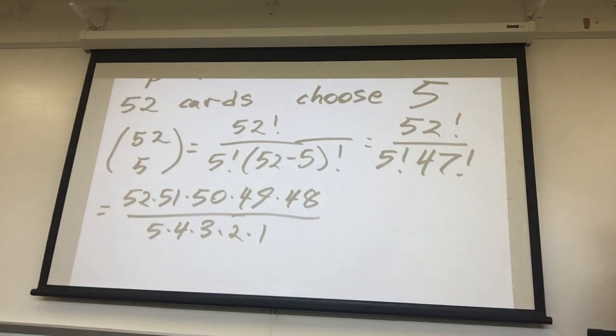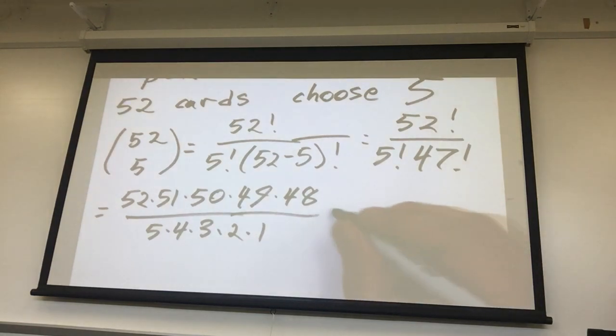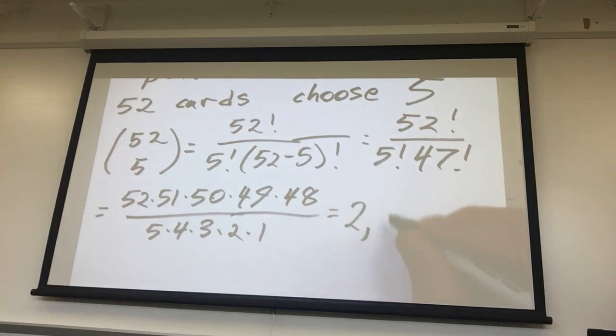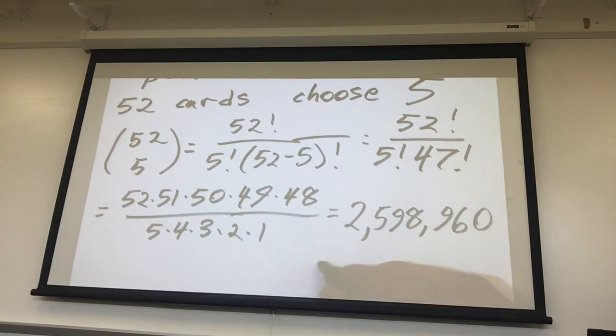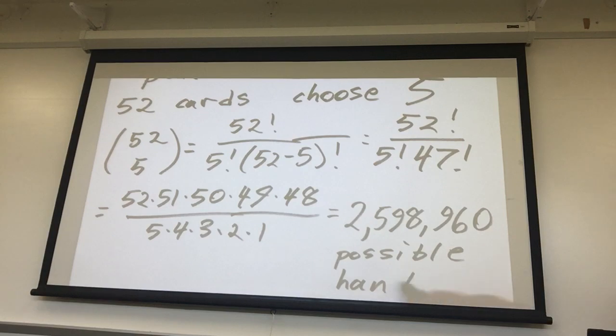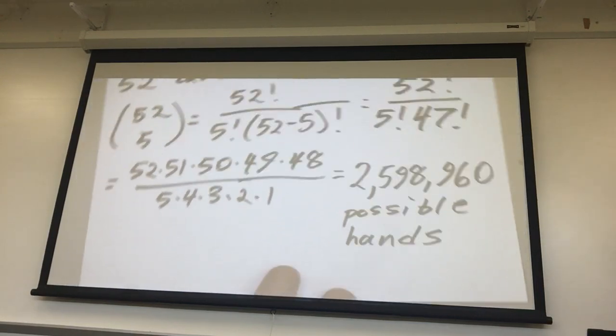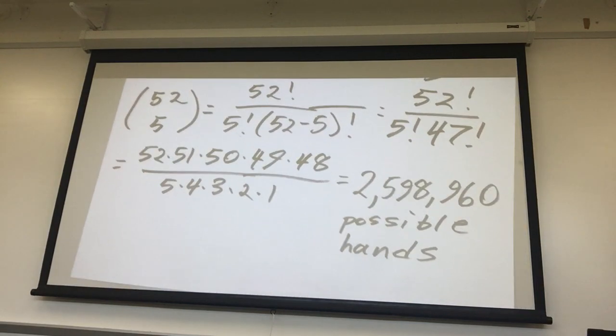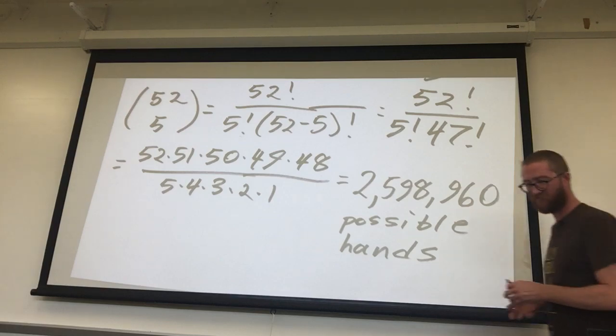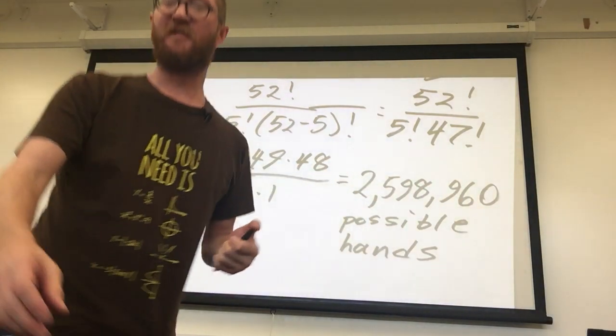And what does this come out to? 2,598,960 possible hands.